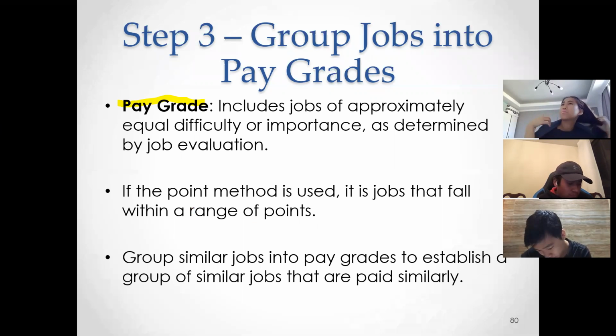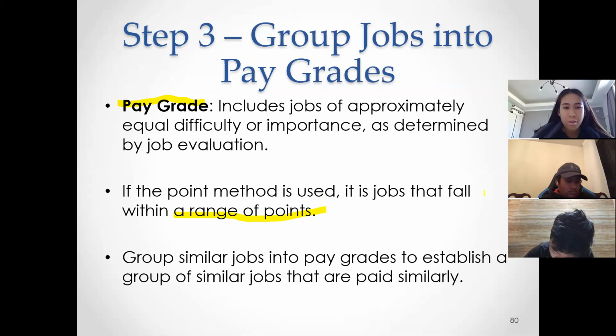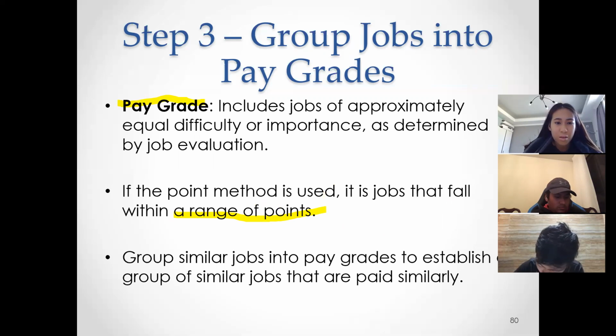So if you are the director or the manager of marketing versus the manager of advertising versus the manager of HR, you're probably all in one pay grade, because a pay grade is a range of points. So if a job is out of 100 points in this company, let's say it's a really big organization, you might have a lawyer, a doctor, a director, a manager, a CEO.